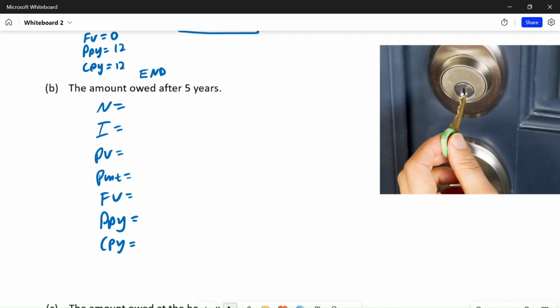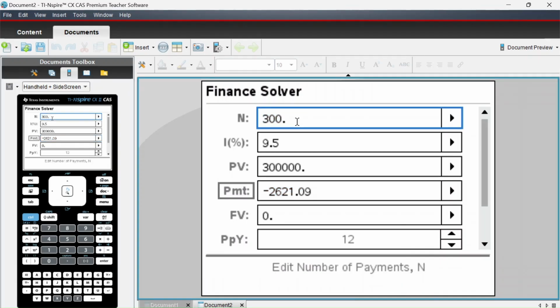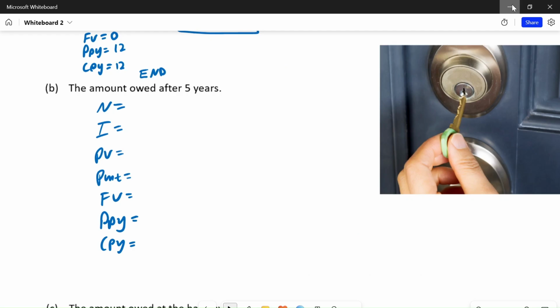Alright, so number of periods, we've got 5 by 12. So if we put that one into the calculator, 5 by 12 and tab, that is 60 payments because we're 5 years into the loan, so 60 payments have occurred. So 60. We've still got the same interest rate.